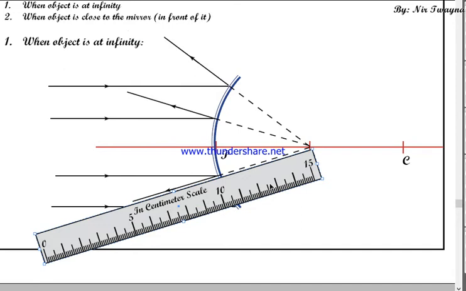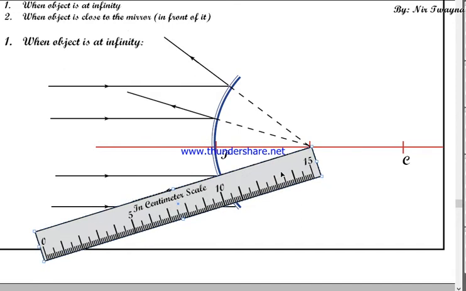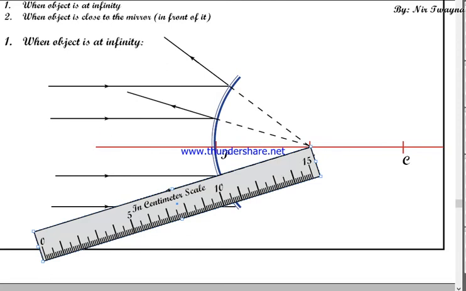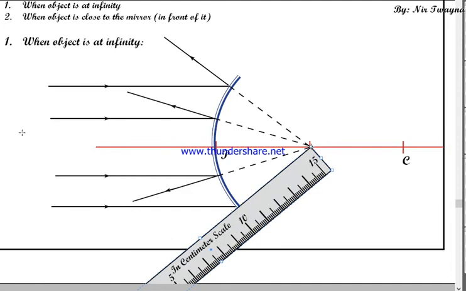Let's fix a ruler or scale to the focus point, and then rotate it so that it will touch the point of incidence of the fourth light ray. Yes, okay, let's draw it. First, second, and now remove the scale.